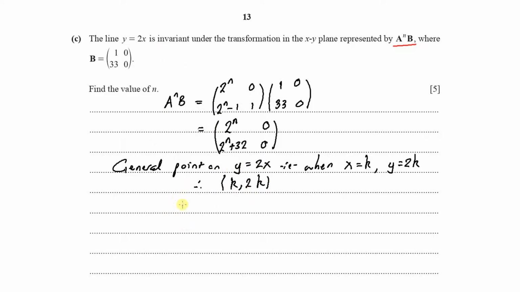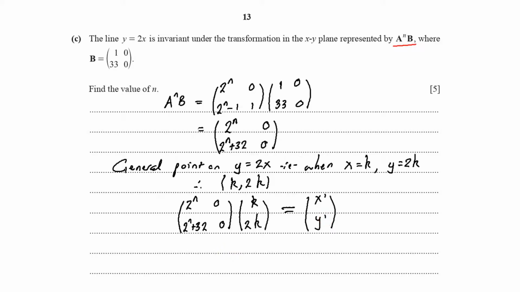So what I'll do is I'll take the transforming matrix, which is 2 to the power of n, 0, and 2 to the power of n plus 32 and 0, and multiply this with k and 2k. And this is going to give me a new image like this.